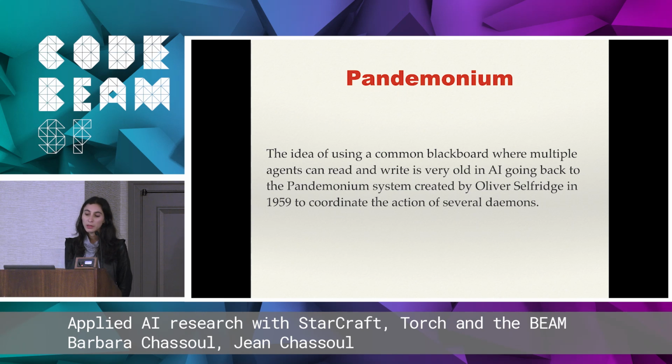The idea of using a common blackboard where multiple agents can read and write is very old in artificial intelligence, going back to the Pandemonium system created by Oliver Selfridge in 1959 to coordinate the actions of several demons.